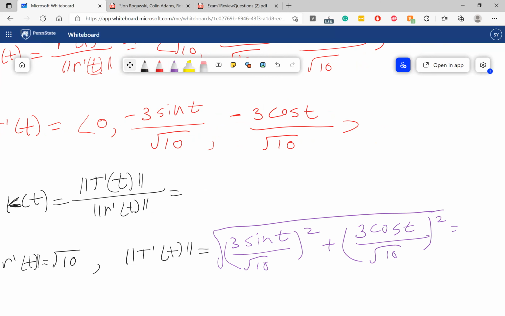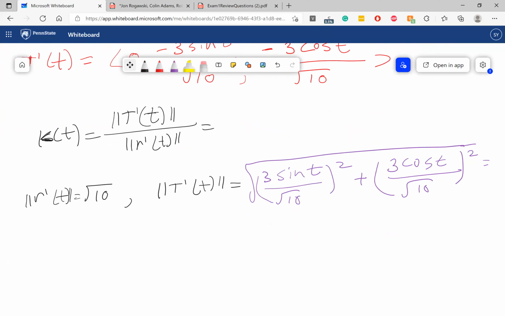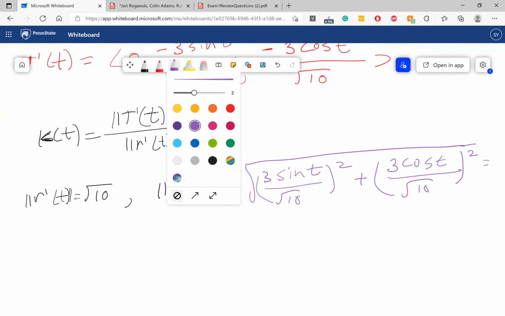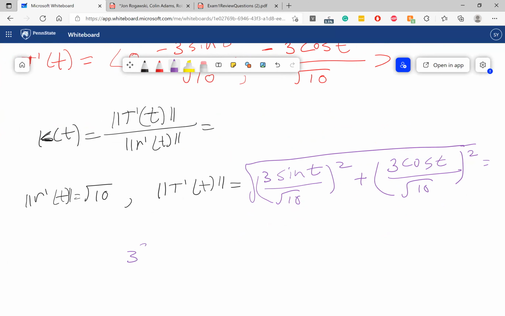And this gives us the square root of 3 squared times 1 over 10, which is going to be 3 over the square root of 10. Any questions?